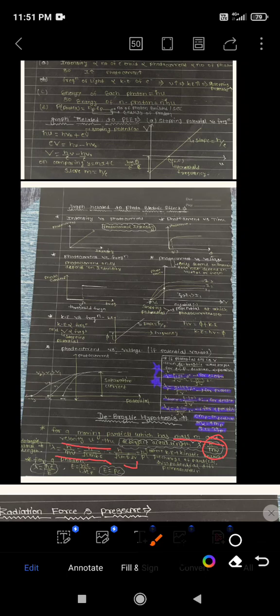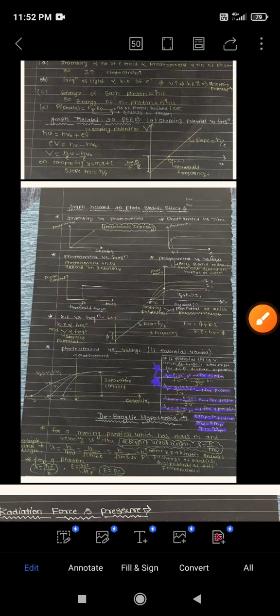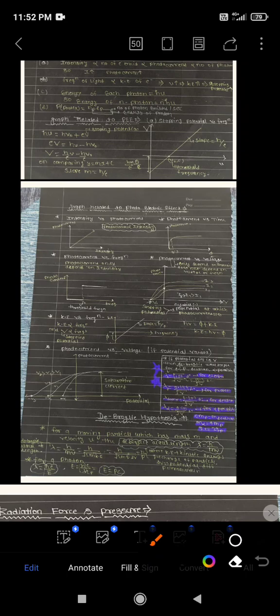And as we know that momentum is equal to mv, lambda can also be written as h upon p. And for a photon, lambda is equal to hc upon E. Remember, this is very important, and E is equal to p into c, where p is the momentum.